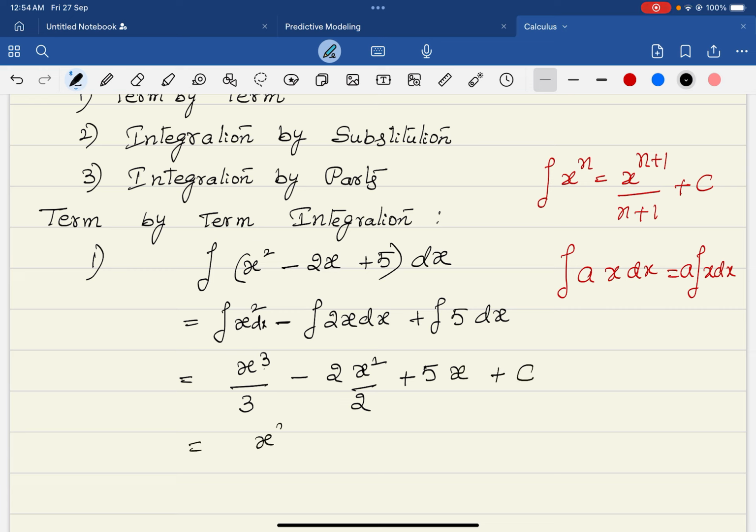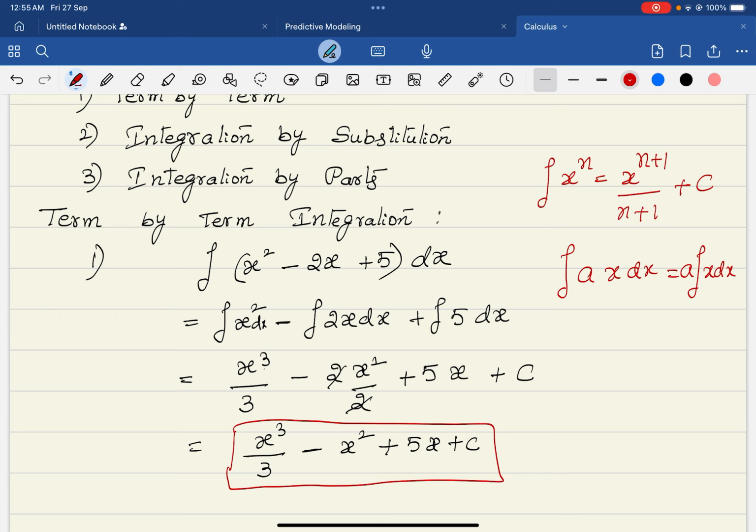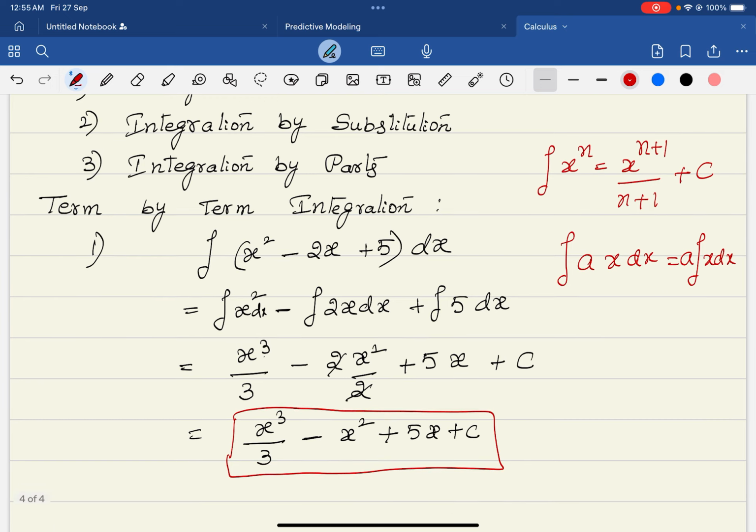That gives you x cube over 3 minus, 2 gets cancelled, x square plus 5x plus c. This is the solution of the integral. I hope it's clear how we separated each term and then solved the integral. That's the first problem. We will do some more problems to help you understand how to solve this type of integral by separating terms.